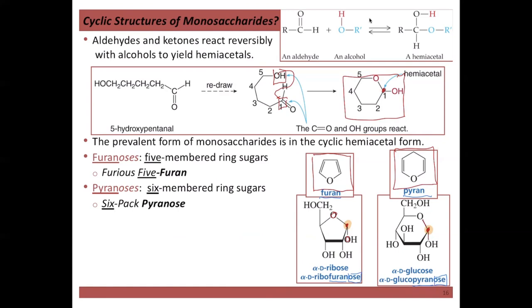So right here, that carbon right there is referred to as the anomeric carbon. Very important carbon for carbohydrate chemistry. And again, in its previous life, it was the carbonyl that was involved in making the hemiacetal. So we'll follow up on that in the next lecture. Talk to you then.